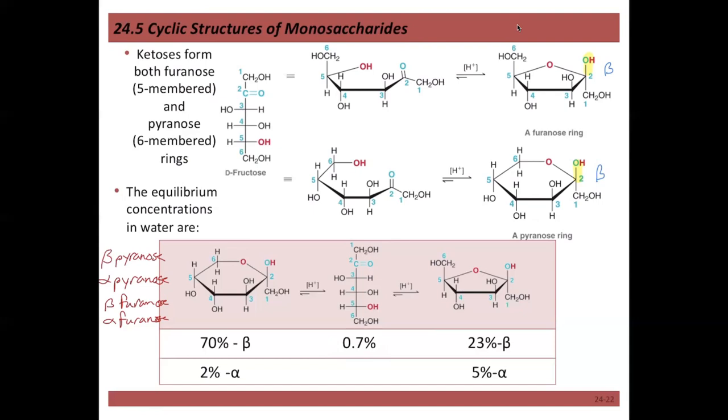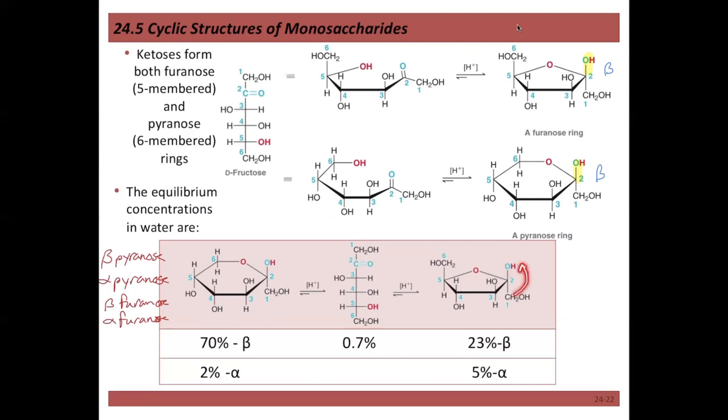The most common is actually the beta form, and that's why they're showing this beta anomer here. That is by far the most common. You get about 2% of the alpha, and again, to get the alpha, we would just switch the orientation of those 2 positions there. There is a decent amount of the furanose form, the 5-membered ring. Again, it favors the beta configuration, or the beta anomer.